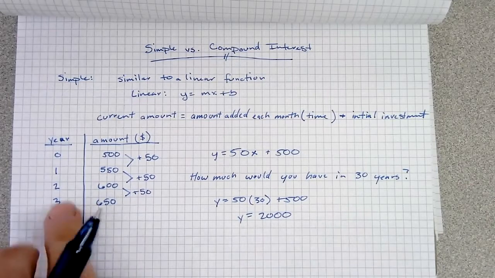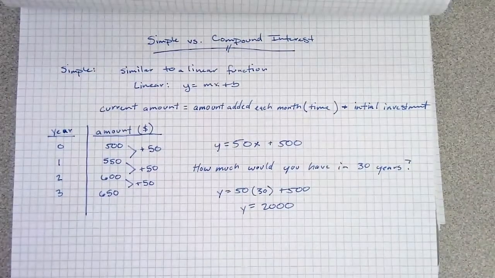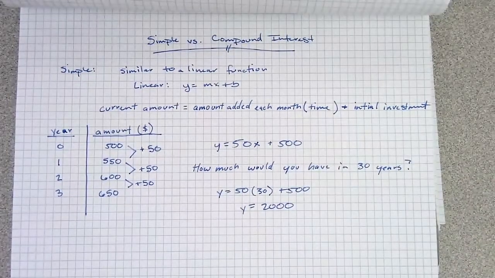So given a table, it tells you directly. Maybe they give you a percentage instead. It's a little bit trickier.